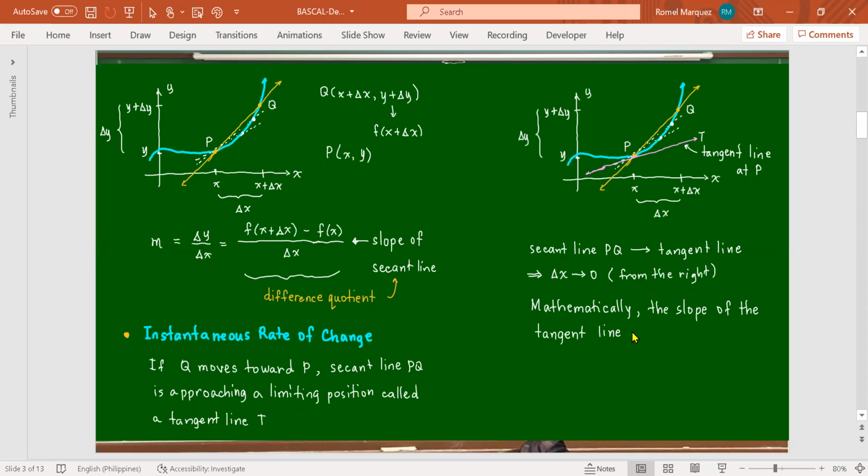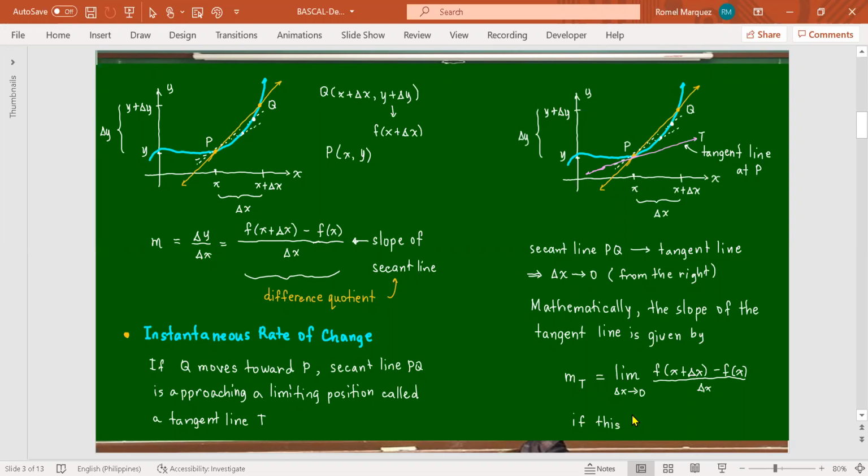The slope of the tangent line is given by, let's say, mt, and that is equal to the limit of this difference quotient, f of x plus delta x minus f of x all over delta x, as delta x approaches 0. Of course, we assume that this limit exists.